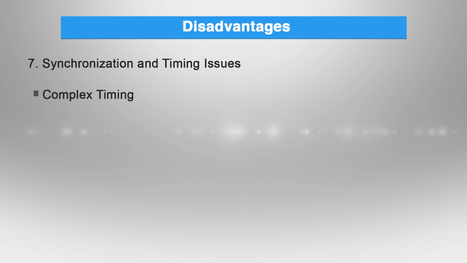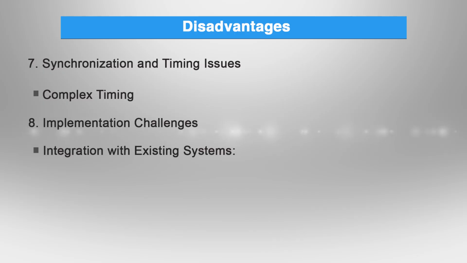Next is synchronization and timing issues, which means complex timing requirements. Techniques like coherent detection require precise synchronization between the transmitter and receiver, which can be challenging to maintain, especially in high-speed systems. Next is implementation challenges, which means integration with existing systems.